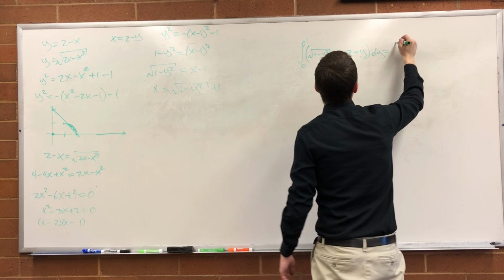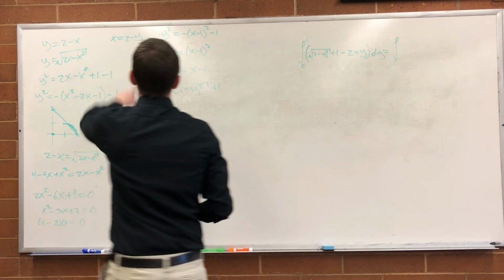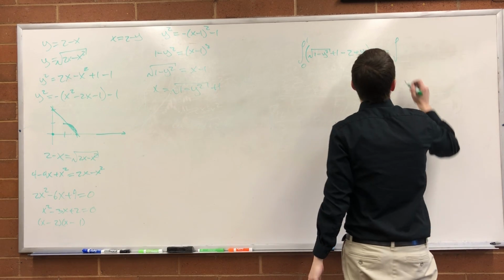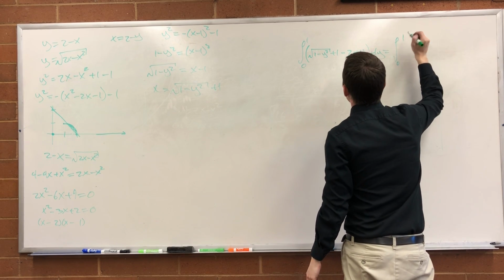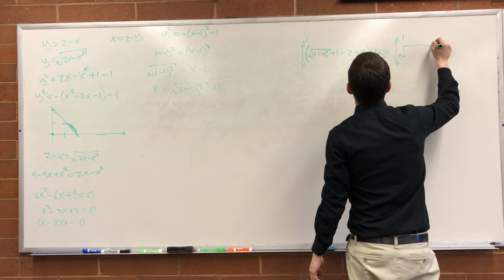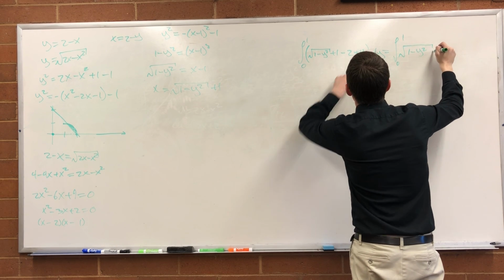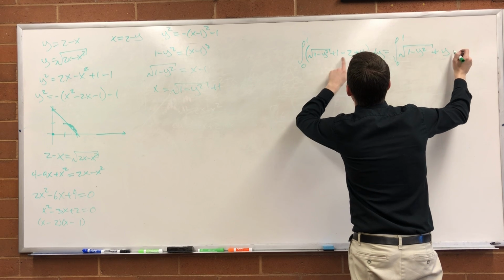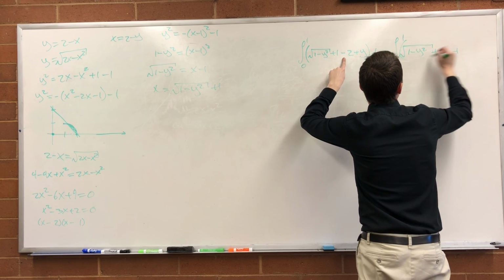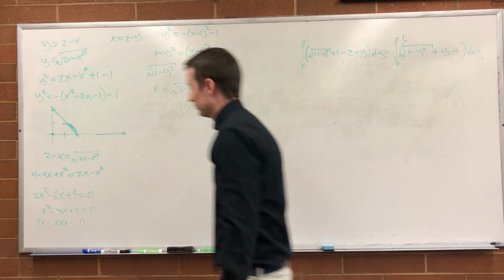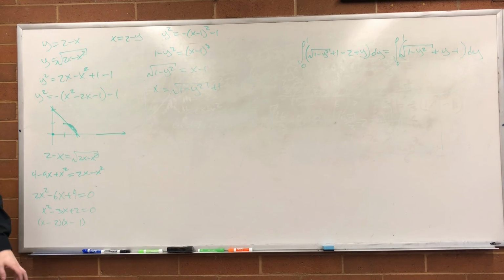Isn't that a minus y? It's minus here, but we're subtracting. So this is equal to the integral from 0 to 1 of the square root of 1 minus y squared, plus y, and then minus 1, dy. But when I do my substitution, we get the same thing. Maybe I should have looked down further.